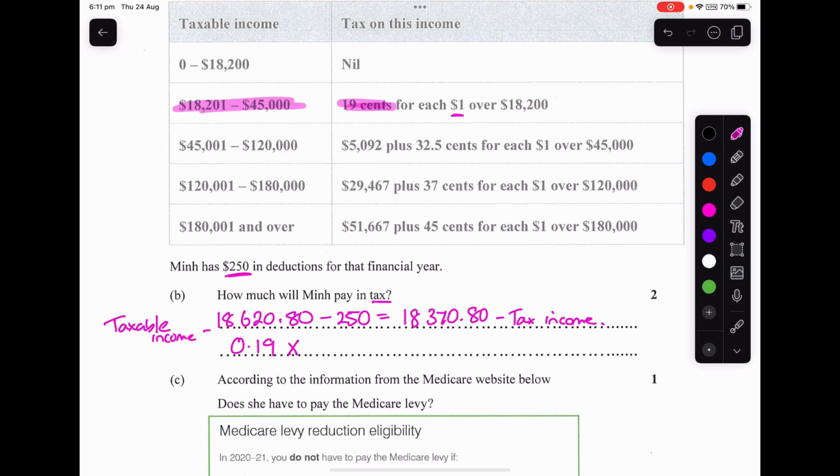So we're going to times by 18,370.80, take away the 18,200, which is the second part of our tax table. So basically anything over 18,200, she has to pay 19 cents for every dollar. So it works out, when you put it in your calculator, to $32.45.